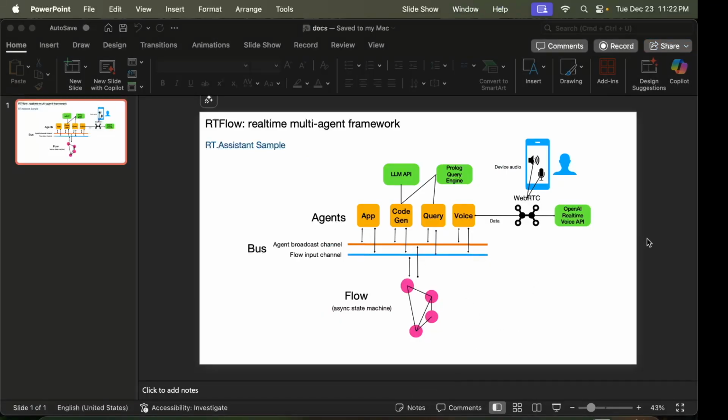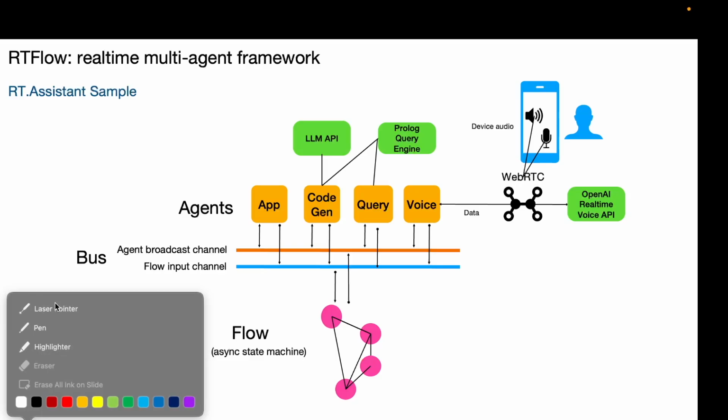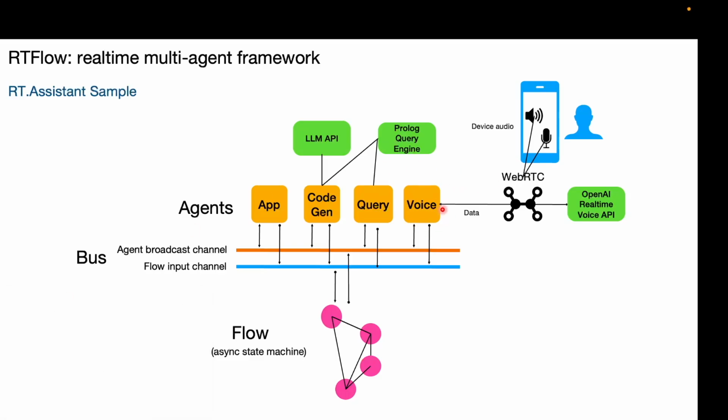Okay, now let's take a look at this specific configuration of RT Flow for the RT Assistant sample application. What are the agents and what are their functions? Well, let's start with the voice agent. The voice agent's job is to maintain a connection with the real-time voice API through the WebRTC protocol. Now, when that connection is established, the WebRTC libraries under the covers wire the audio to the device hardware.